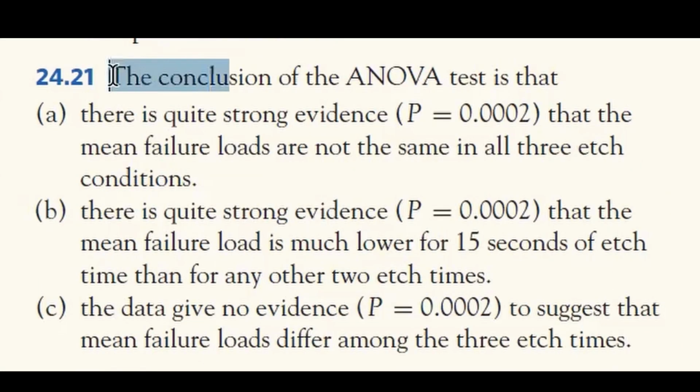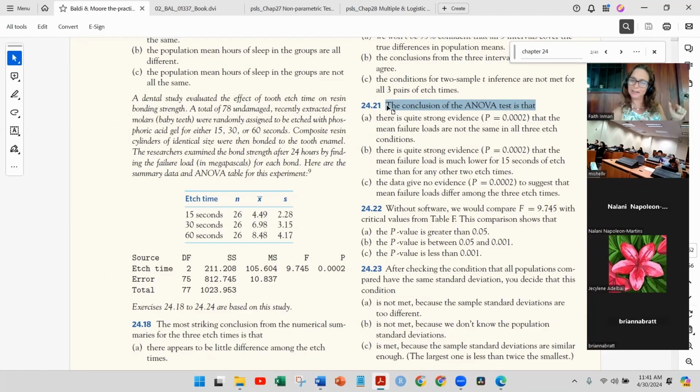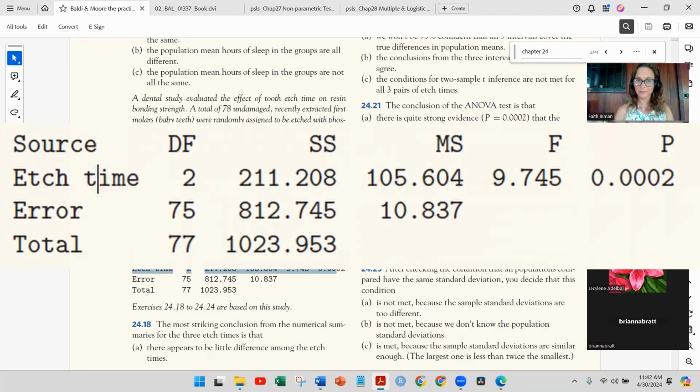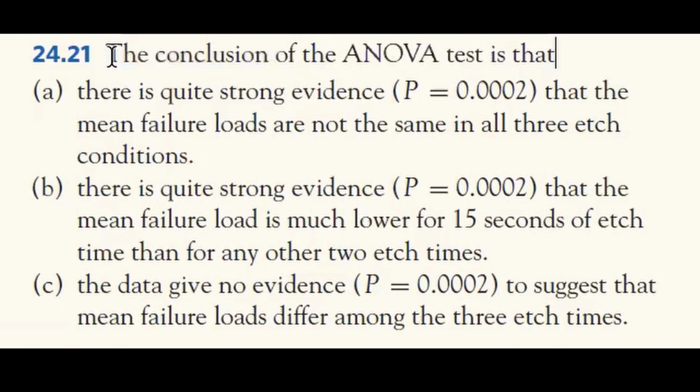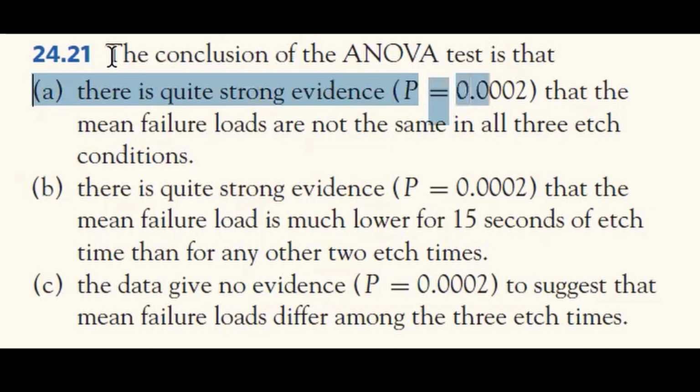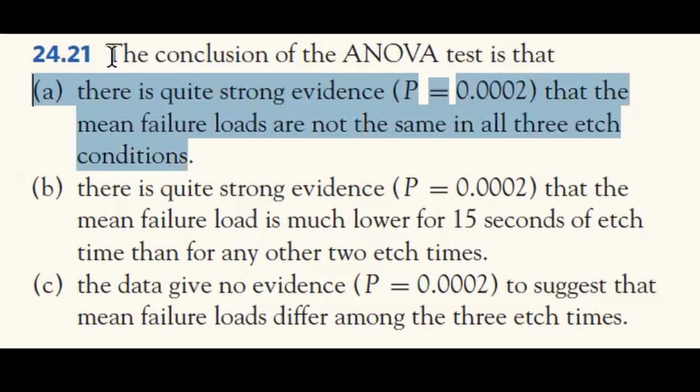Then the conclusion of the ANOVA test is that, right? So here's where you look at that table over here to look at the conclusion for the ANOVA test. The conclusion for the ANOVA test is that A, there is quite strong evidence, P equals 0.0002, that the mean failure loads are not the same in all 3 etch conditions.